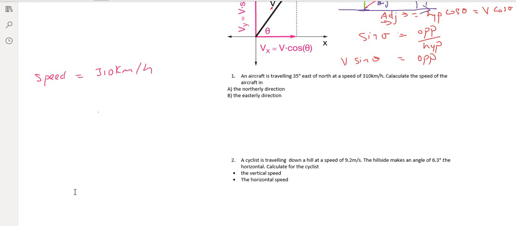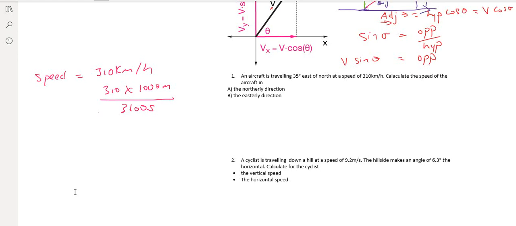All we're going to do now is a little bit of conversion, because we just want this in meters per second, so that we can appreciate it some more. So 310 times, kilo is basically a thousand, so 1,000 meters, divided by, in 1 hour, 3,600 seconds to make up 1 actual hour.